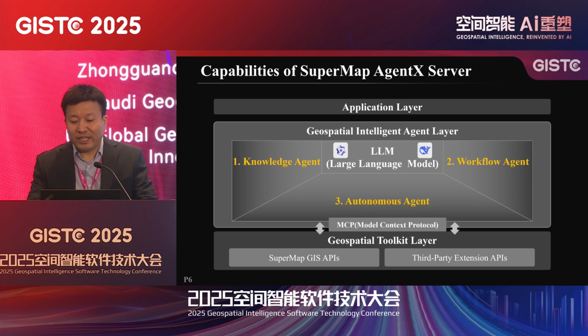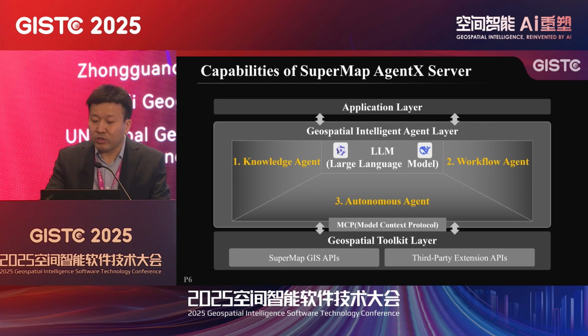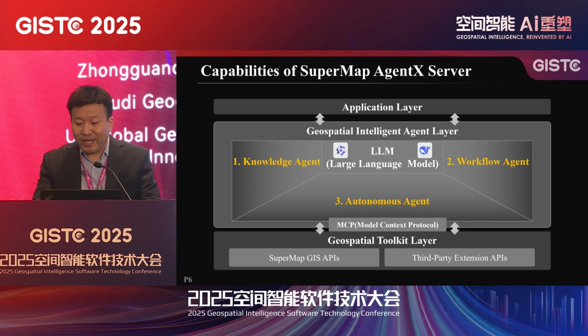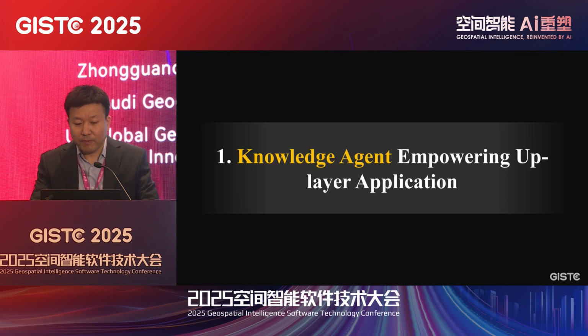MCP, Model Context Protocol, enables communication with the toolkit layers and, combined with a large language model, SuperMap Agent Server provides geospatial AI capabilities support for up-layer applications.